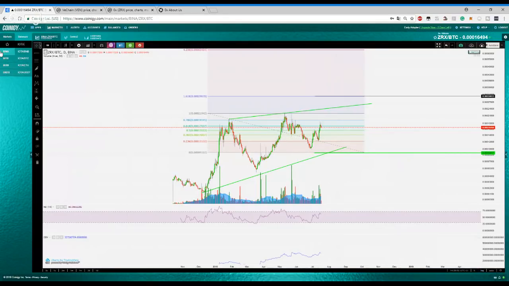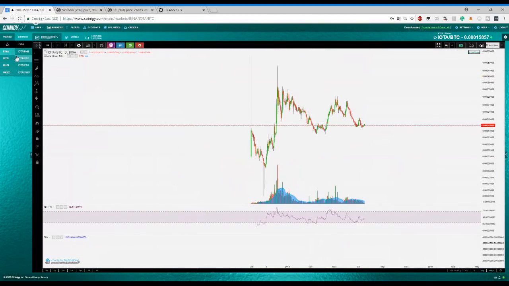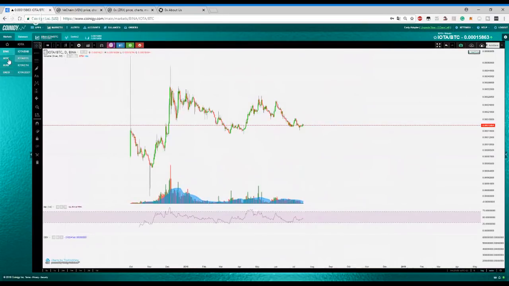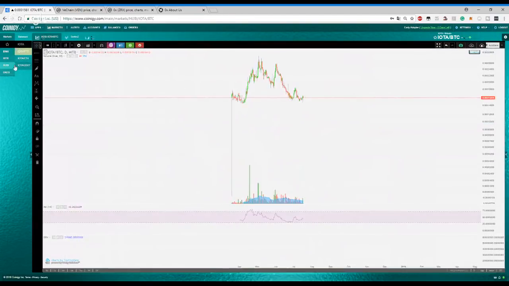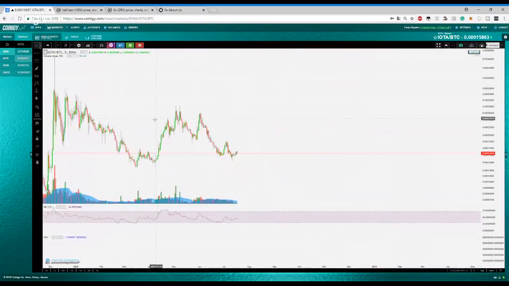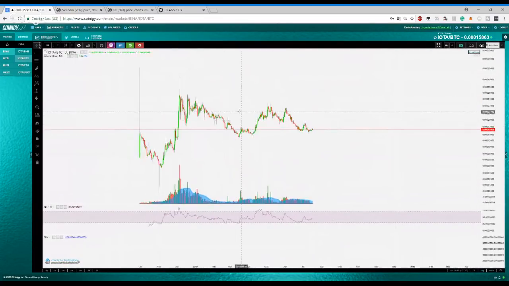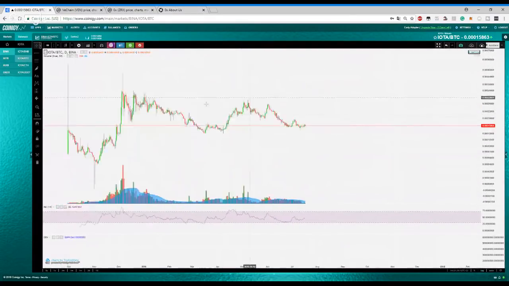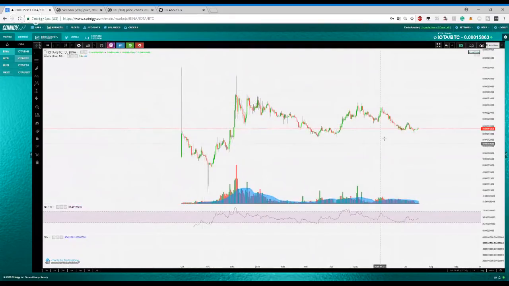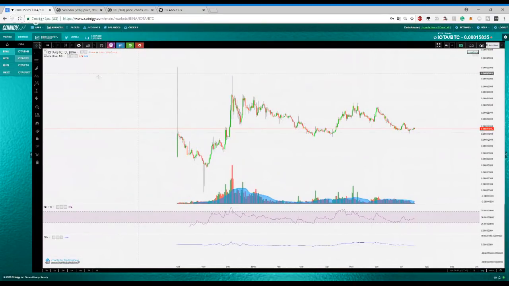Next request, IOTA. IOTA is something I personally do not have a whole bunch of faith in. Let's see which is the longest history. This is one of those weird coins, kind of like Ripple, everybody knows about it, and at one point it will probably pump, but from the chart, there's not a lot to be read.